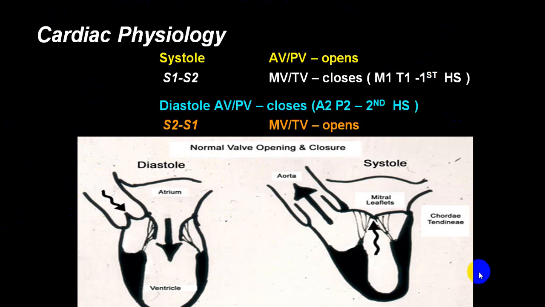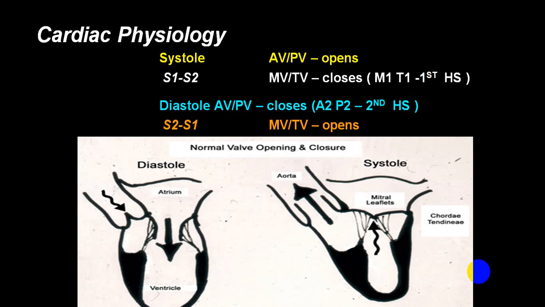Already we have discussed, and we will be discussing separately in each valvular heart disease, that semilunar valves open during ventricular systole and close during ventricular diastole, while AV valves, that is mitral and tricuspid valves, open during ventricular diastole and close at the beginning of ventricular systole.